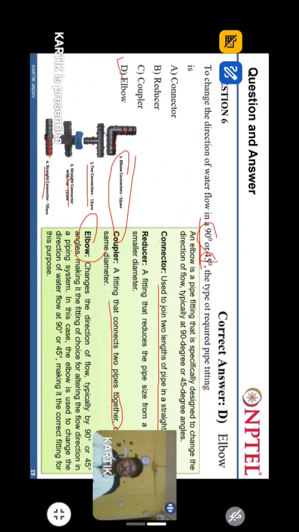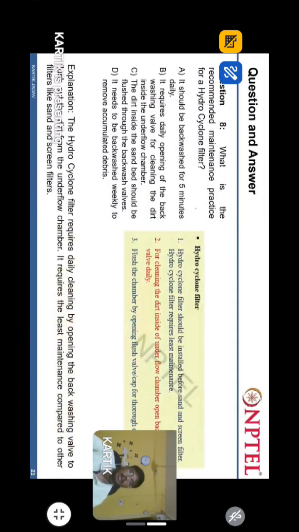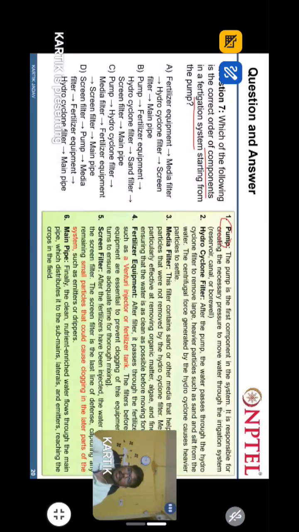Let's move on to the next question. Question number 7. Which of the following is the correct order of the components in a fertigation system, starting from the pump, right? So we know that in a drip irrigation system, the first component is a pump, right? And it is responsible for creating the necessary pressure to move water from the source.